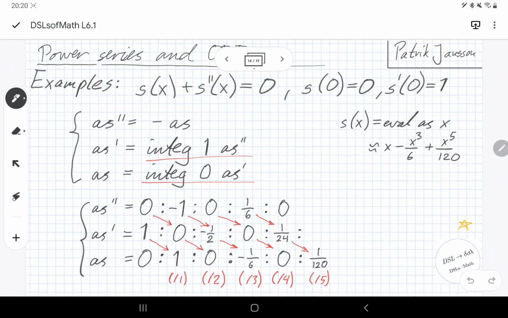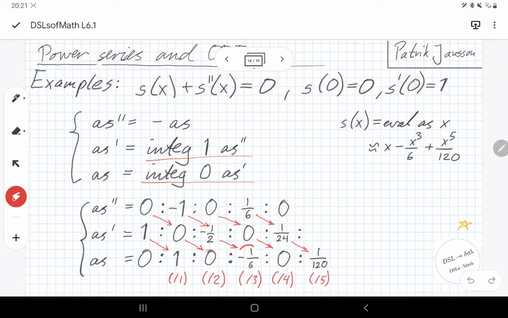As you can imagine, I can fill this in step by step, and I will get this nice pattern of every second diagonal being only zeros, and the rest will be a number which then divides down and continues. And this is now summed up here. So S of x, which is the evaluation of AS at x, is approximately 1 times x.